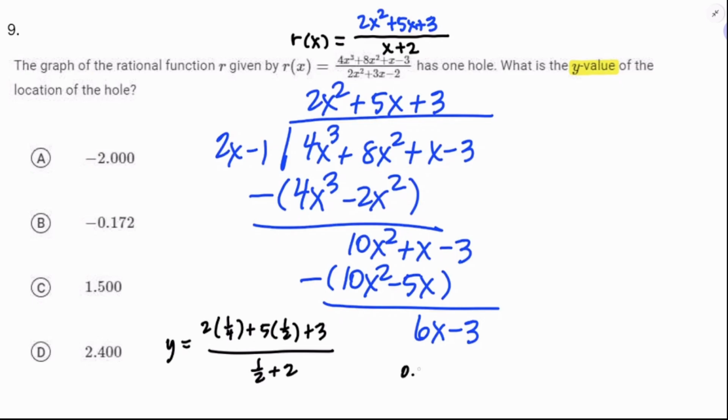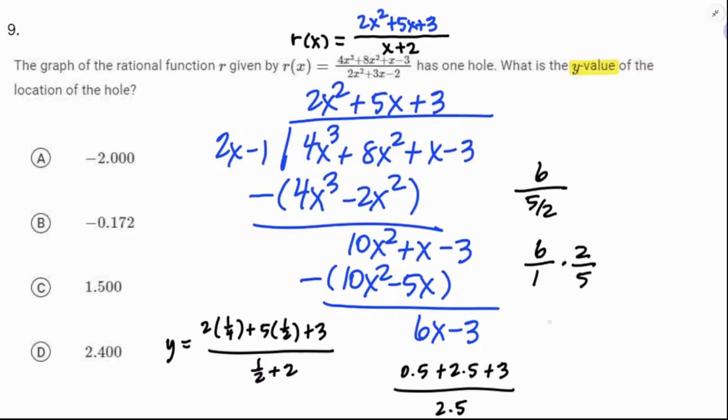Okay, so that's 0.5 plus 2.5 plus another 3 divided by 2.5. So it looks like 6 over 2.5. Okay, so that's 6 divided by 1. Dividing by 5 halves is times 2/5. So that's 12 over 5. And so that's going to be 2.4. That was a serious problem there.